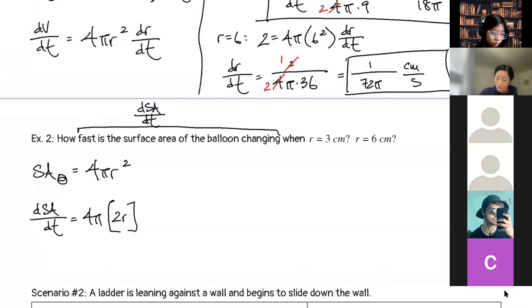But we don't know that information. We only know how things change over time. And so this piece right here, without this, we've missed the concept of the problem. We'll also have nothing to solve for, which is sort of a problem.